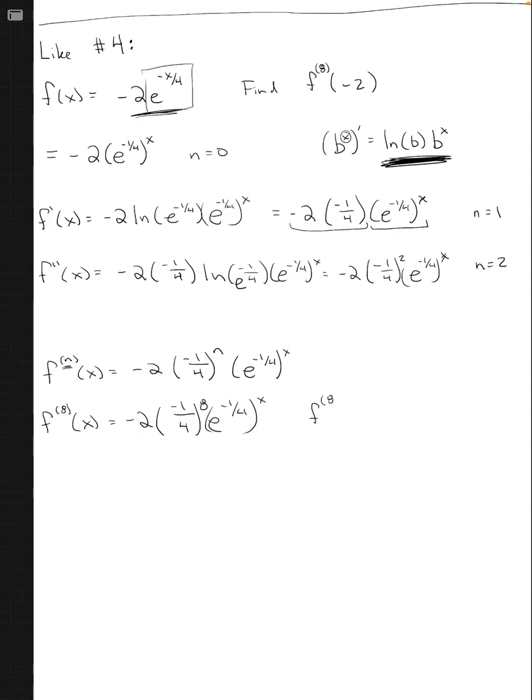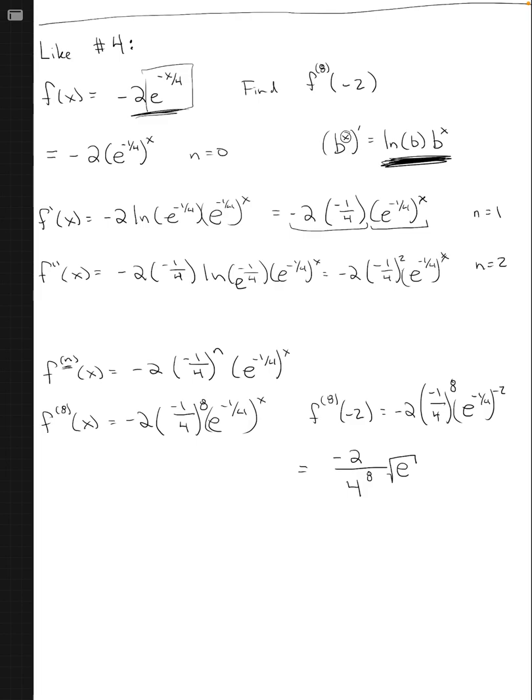And if I want to find this at negative 2, this is going to be negative 2, negative 1/4 to the 8th, e to the negative 1/4 to the negative 2. So if I were to simplify this, I would say negative 2 over 4 to the 8 times the square root of e. That's about as simple as we could make it.